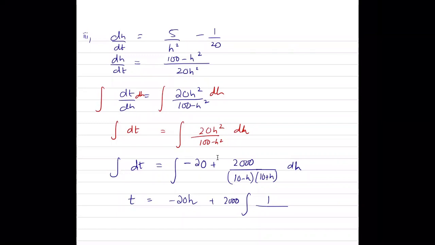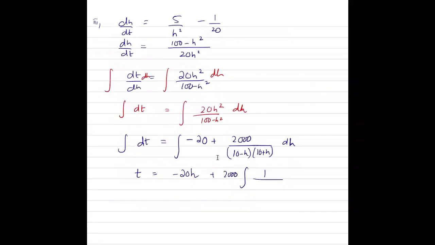Can this be expressed as a further partial fraction? Can we make this a further partial fraction? So this thing can be written as, if I take 2000 common, 1 upon 10 minus h times 10 plus h.